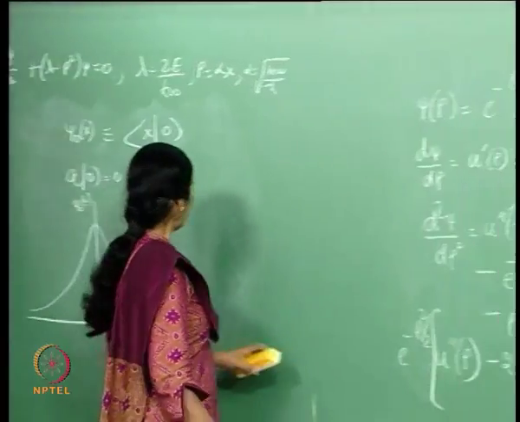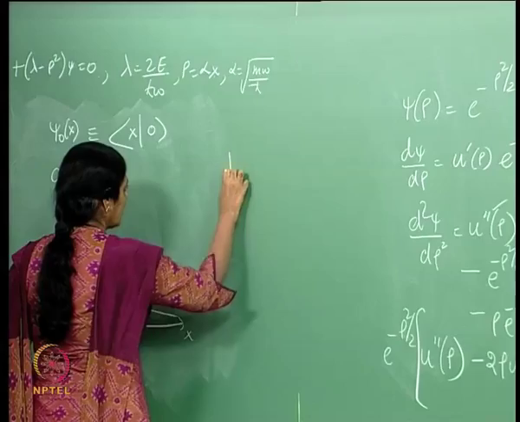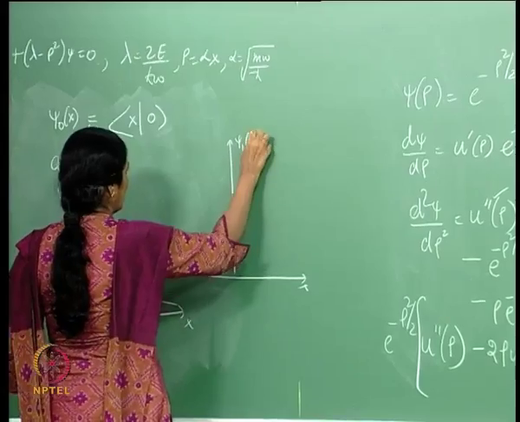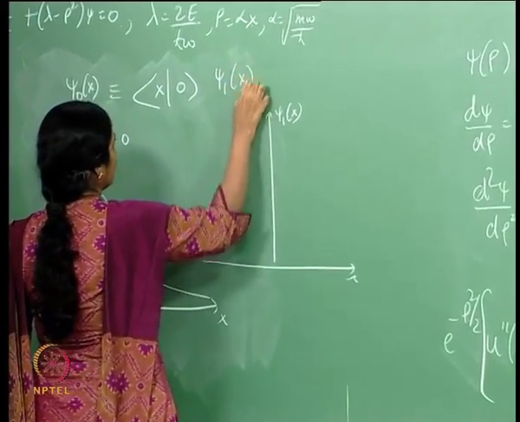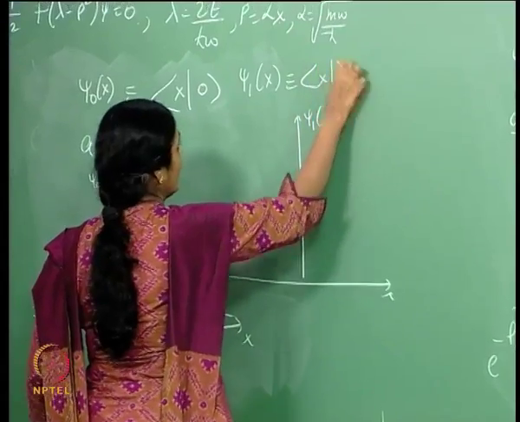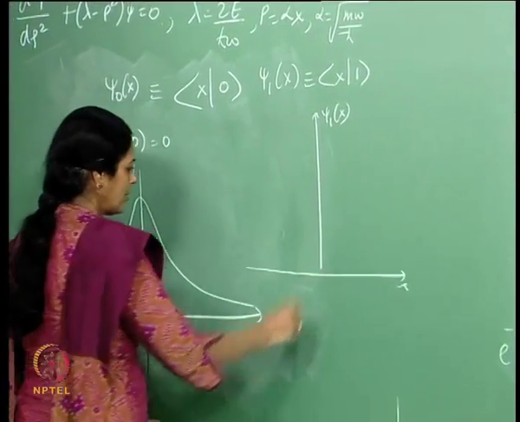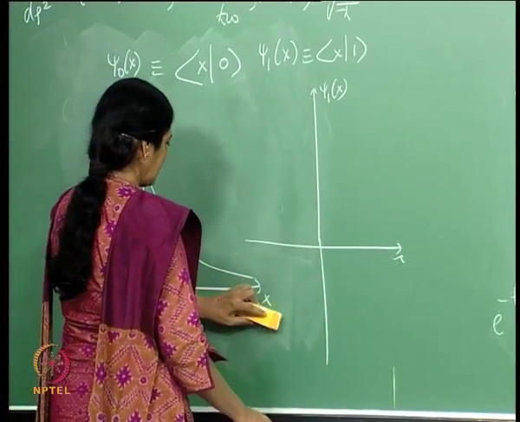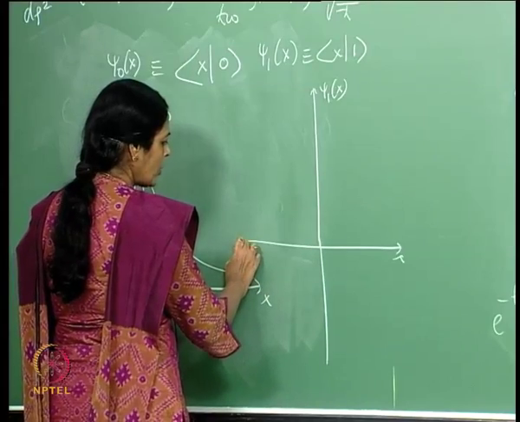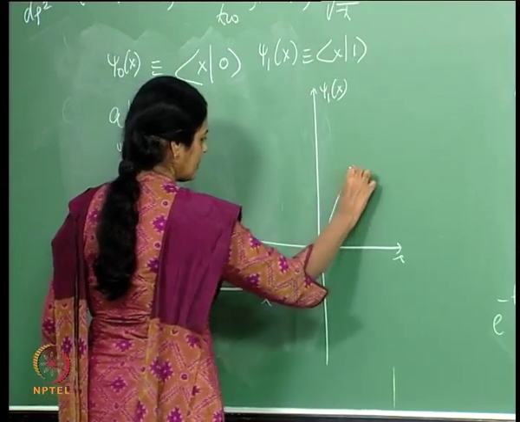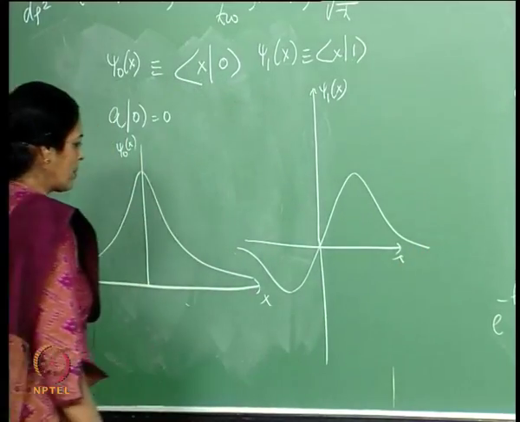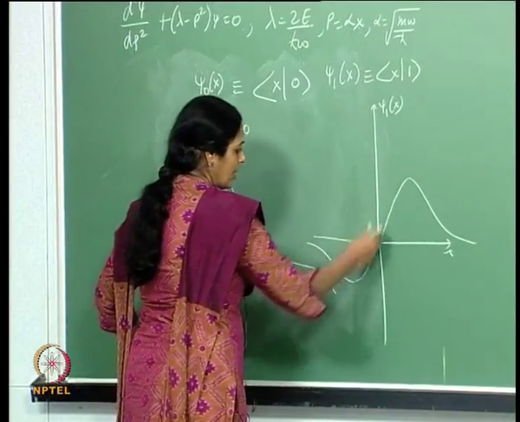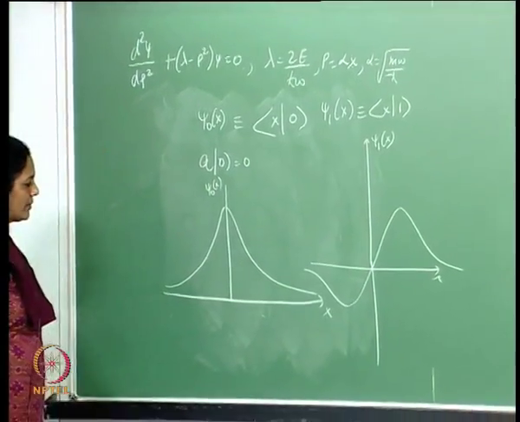Then if you look at psi 1 of x, which is ket 1 in my notation when n takes the value 1, it goes to 0 at plus infinity and minus infinity, but it is an antisymmetric function of x, and therefore you can see that it has odd parity.